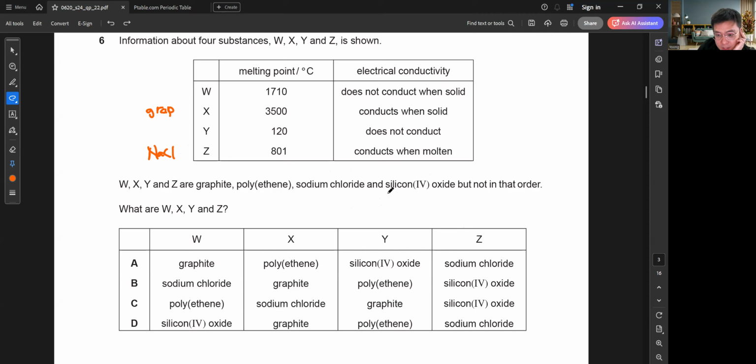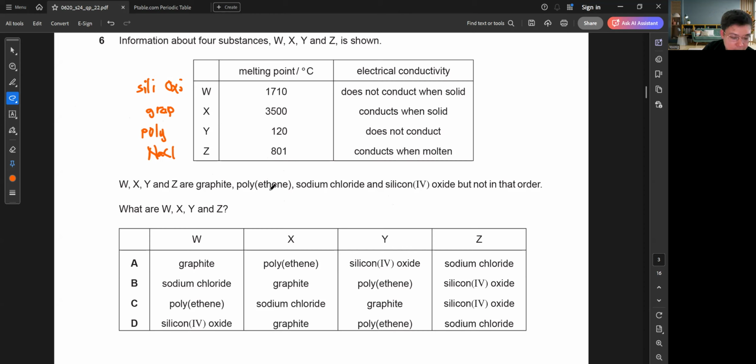Silicon oxide and polyethylene both do not conduct electricity. However, polyethylene is what we call a covalent bond. It's what we learned in our final chapter. So maybe we just write here poly, and then this one will be silicon oxide. Polyethylene is covalent bond.